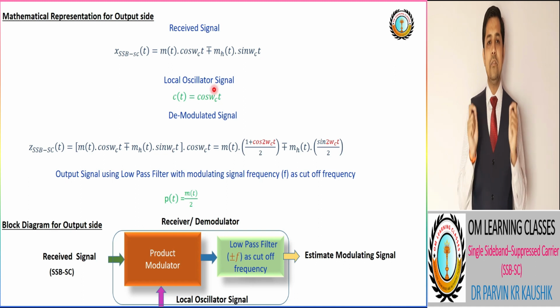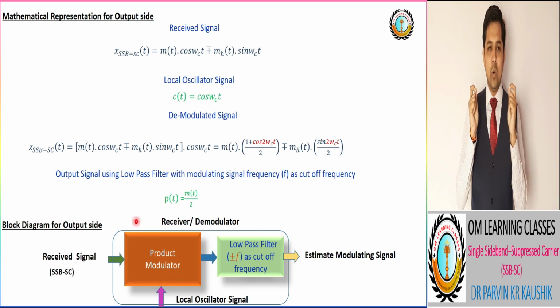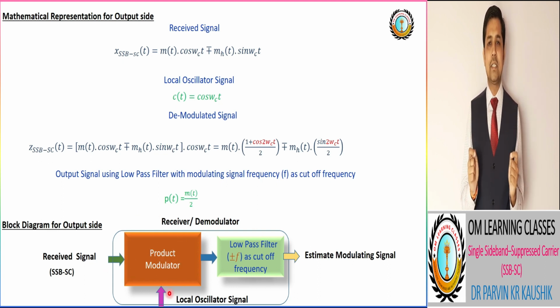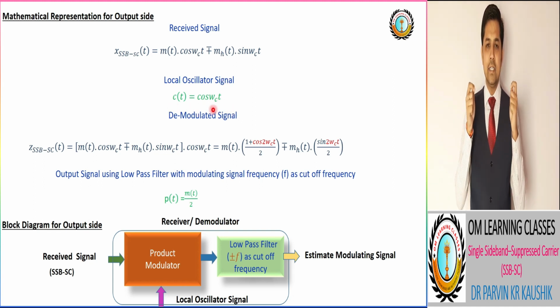Now, in a similar way to the DSB-SC modulation technique, to recover the original message signal from the received signal, we utilize the synchronous detector. And in the synchronous detector, we utilize the local oscillator signal. Now, this local oscillator generates a signal which must be exactly coherent or synchronized in frequency as well as in phase with respect to the carrier wave at the transmitter.